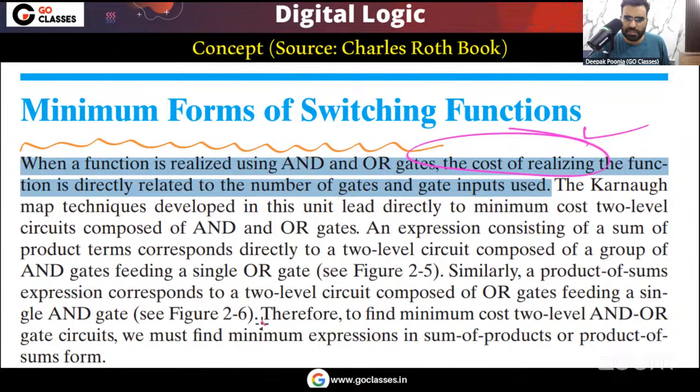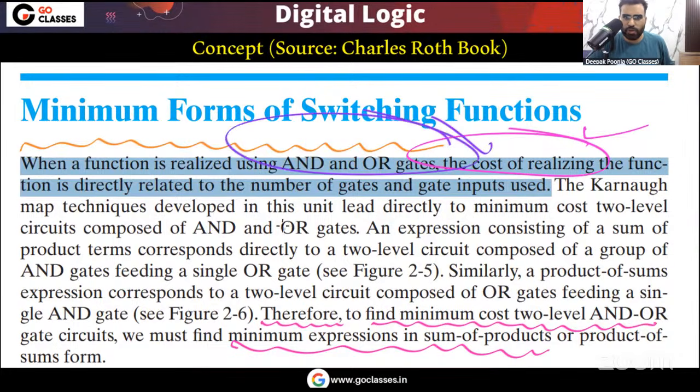Therefore, to find a minimal cost two-level AND-OR circuit, we find the minimum expression in sum of products or product of sums. So you find the minimal SOP, you find the minimal POS, and then you see how many total logic gates are required and how many gate inputs there are, and you do the summation. That will be your answer.